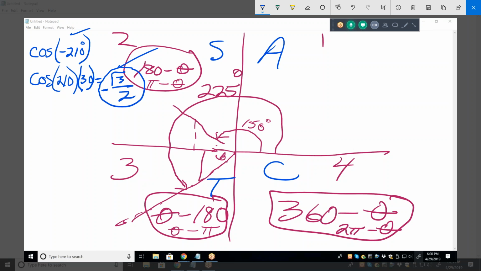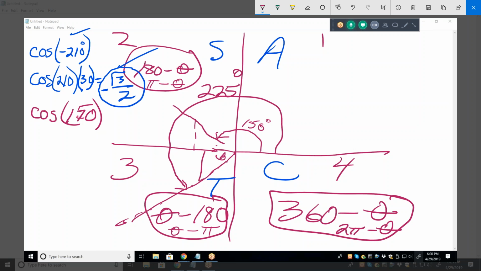And the long way would have been to find the coterminal angle of cosine of 230. Let me just make sure you're aware of this difference. So I would have said, okay, well, the first thing is that that's the same as 150.